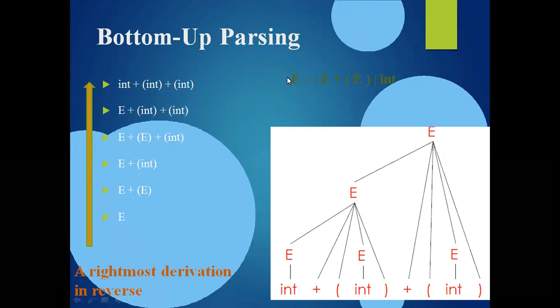What it means is, in the place of the terminal, we replace its corresponding non-terminal. See, E tends to int is there, right? The int is a right hand side, defined by the left hand side variable E. So just place E here. I am replacing with E.